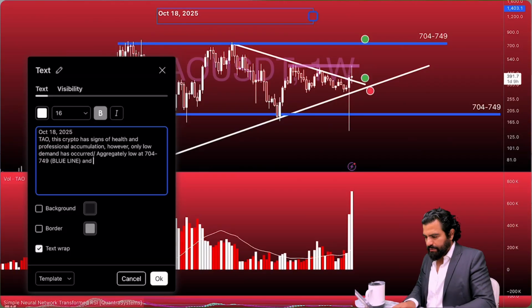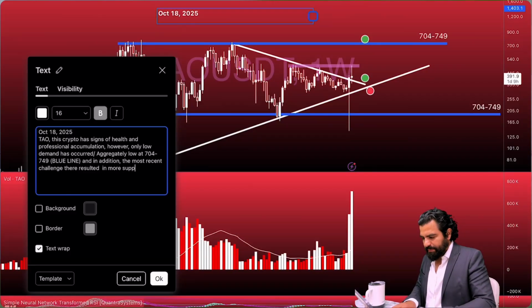and in addition, the most recent challenge there resulted in more supply appearing, a lot more. This week may also be a push into health.